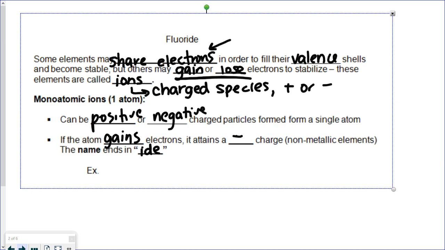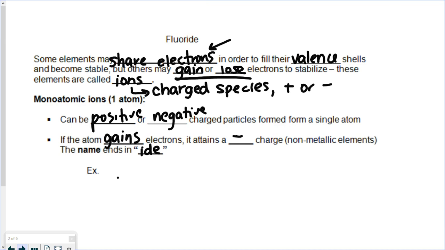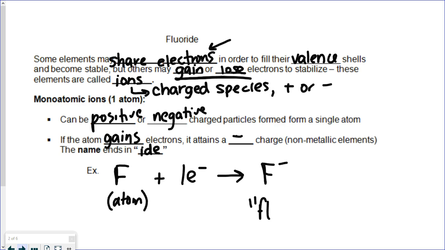So the example that they have there is fluorine, an atom of fluorine. If it gains 1 electron, it will produce F with 1-, which is your fluoride ion.